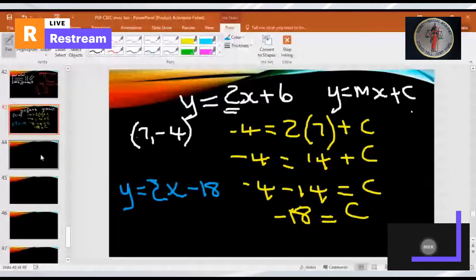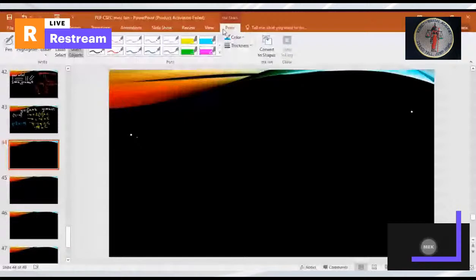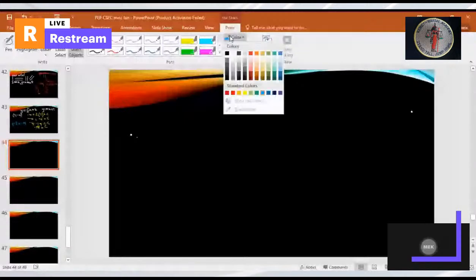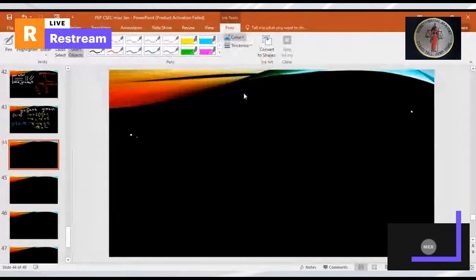I want you to try this one now for me. So we have a line that has an equation y equals negative 8x plus 9. That's the equation of this first line.